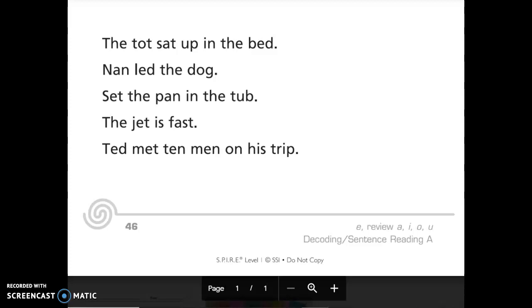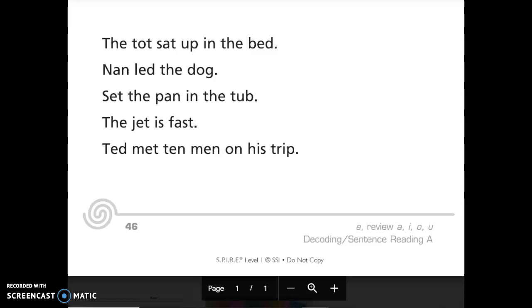Okay, now we're going to read the first sentence together. The tot sat up in bed. So what did the tot do? That's right, he sat up in bed. What picture did you see in your mind as you read?